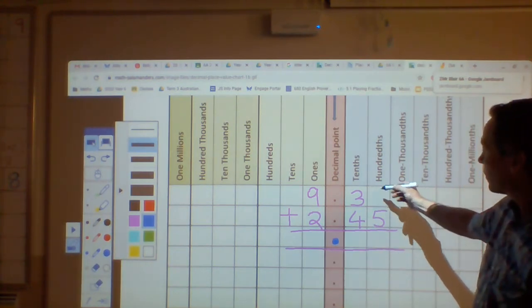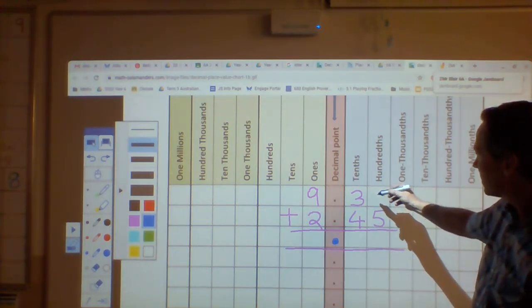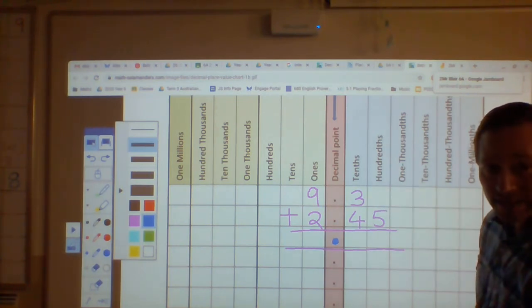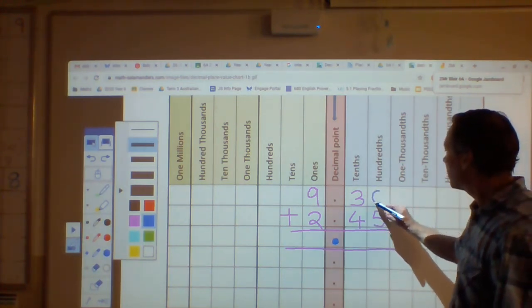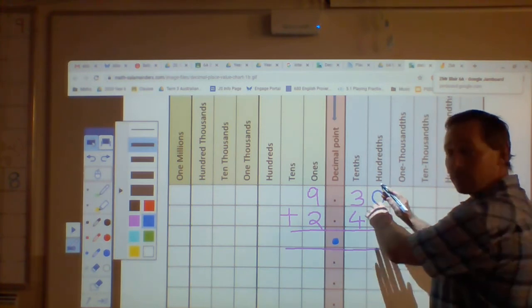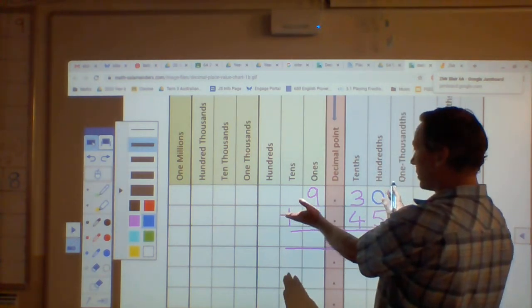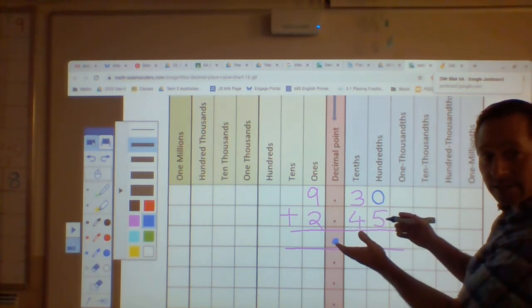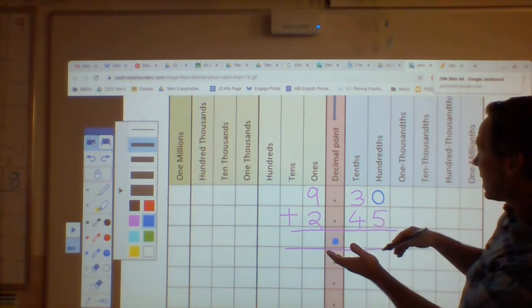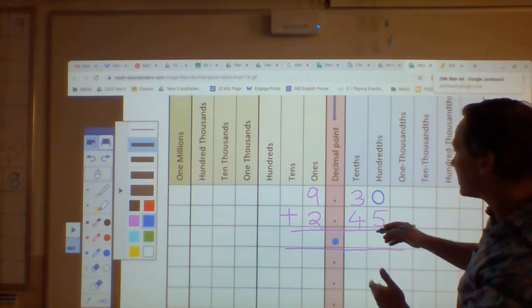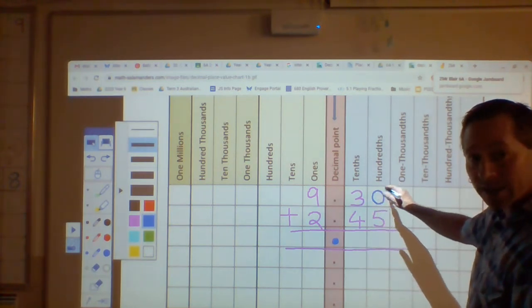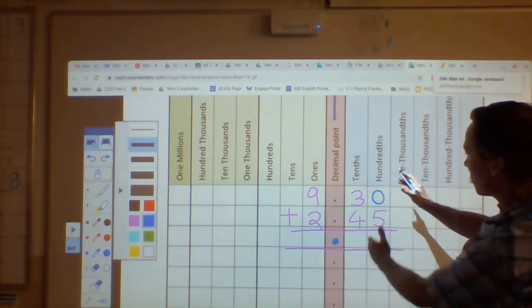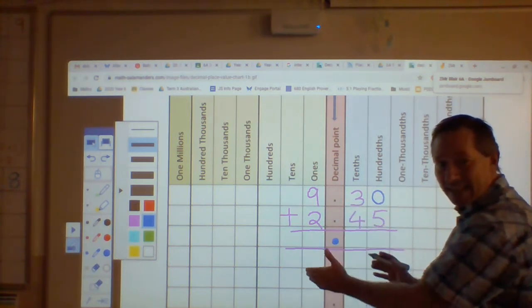My decimal point goes in, then I just need to be clever enough to add these all up. Someone might realise, well, this one here, there's no place value in there. You can put a 0 on here. That's not going to affect 9.3 at all. It's equivalent. 9.3, it's the same as saying 9 and 30 hundredths. However, in this case, I'm only using the 0 as a placeholder, just so that I can easily add them up.